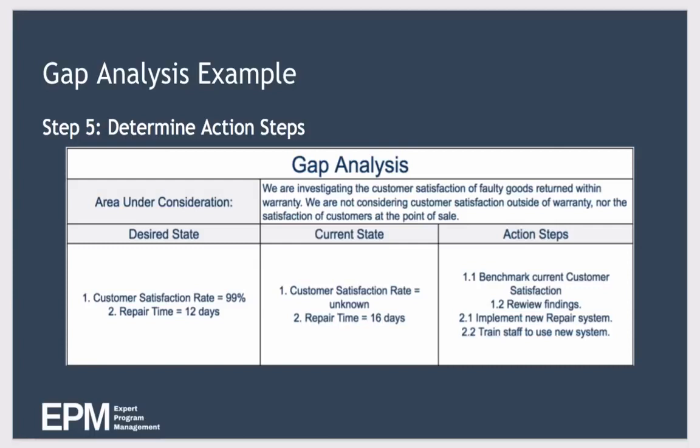So that is it. All that remains for the company now is to action each of those action steps to eventually close the gap and reach the desired state. Now, if you wish to create your own gap analysis, there's a template you can download by following the link below this video.